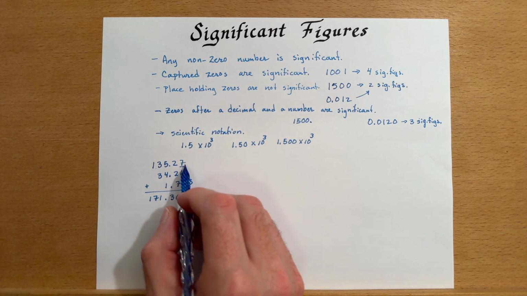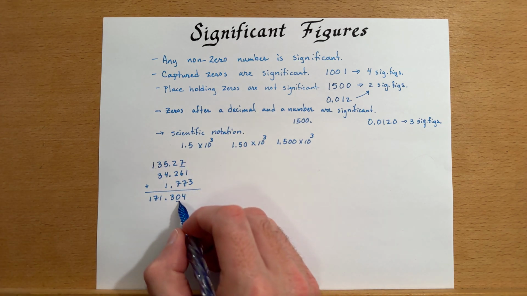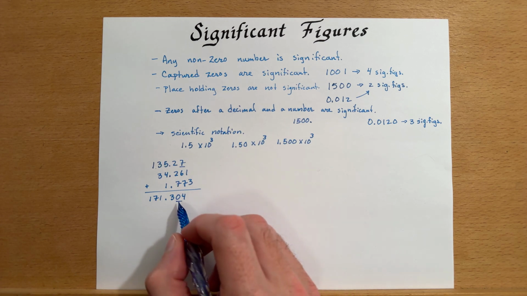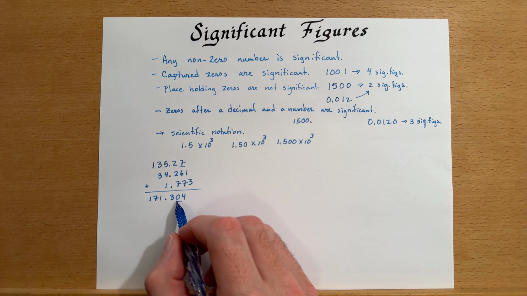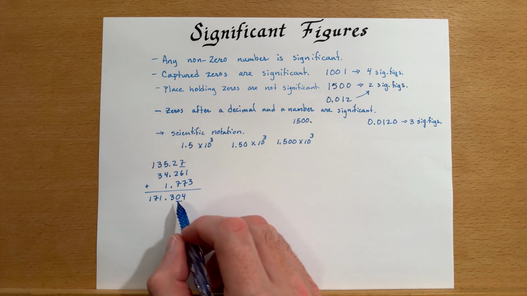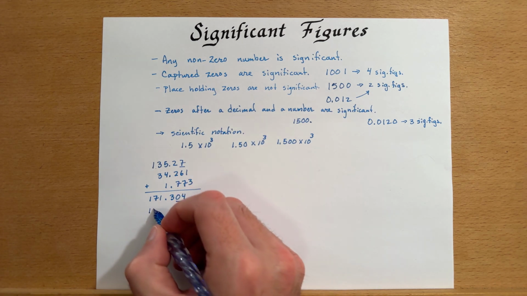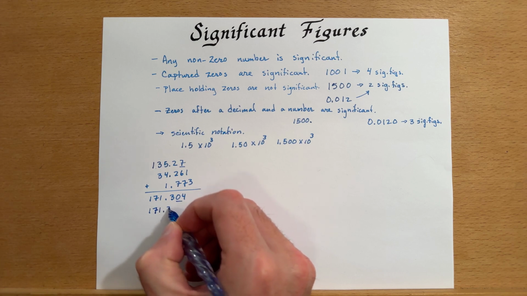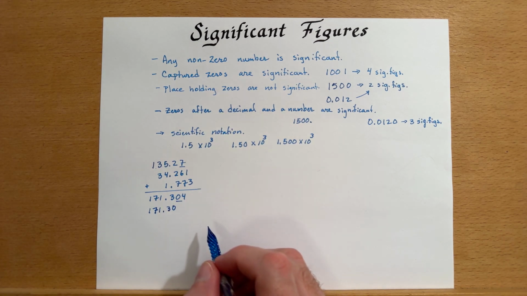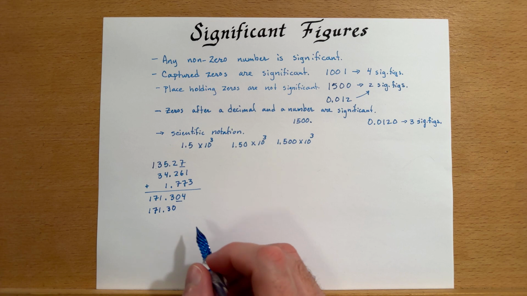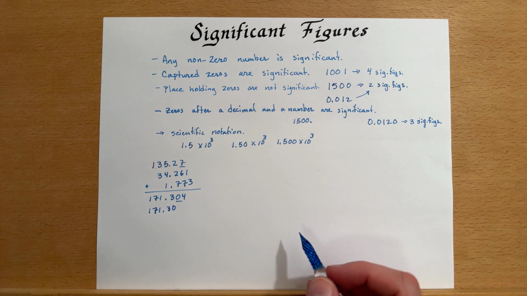So this first number is the one that's limiting. And when we write our answer, we'll have to round it off to this second or hundredths decimal place. And so we would write 171.30 as our answer. All right, you've probably seen that.